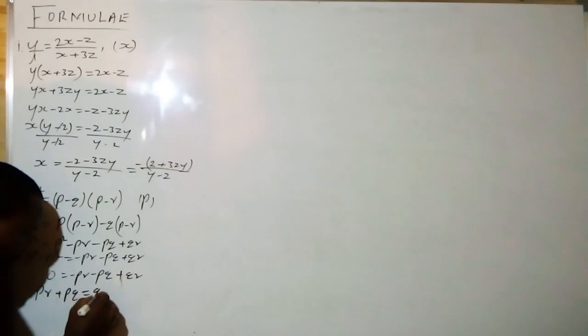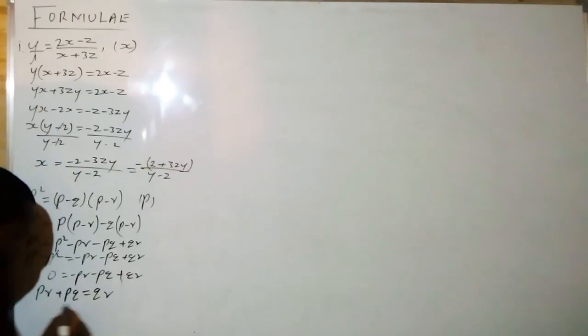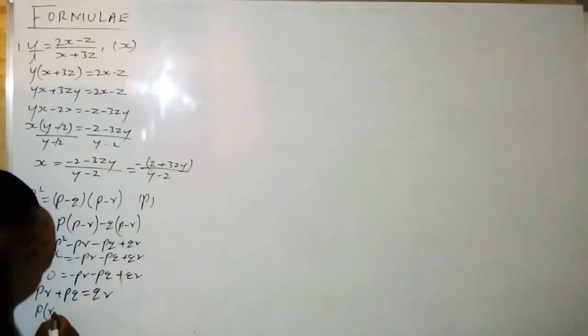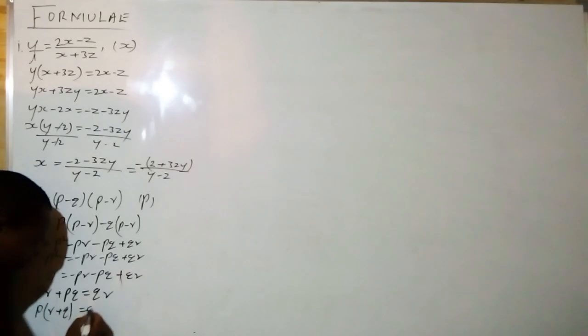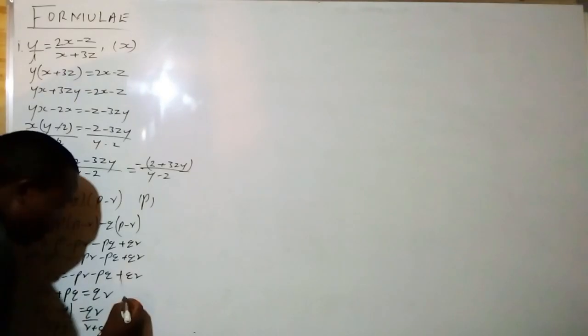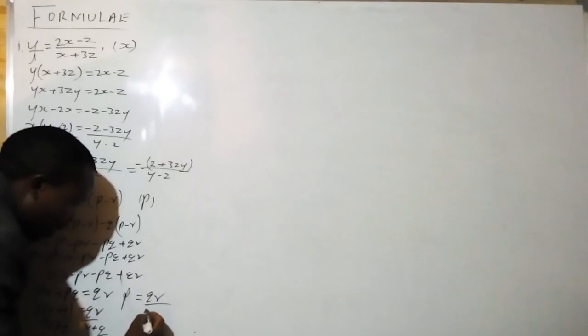I can see pr and pq, p is common, GCD. pr divided by p is r, plus pq divided by p is q, equals qr divided by r plus q. Cancel there, and we are going to have our p is equals to qr all over r plus q as the correct answer.